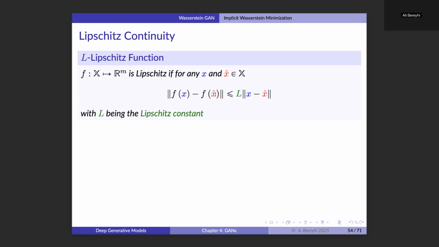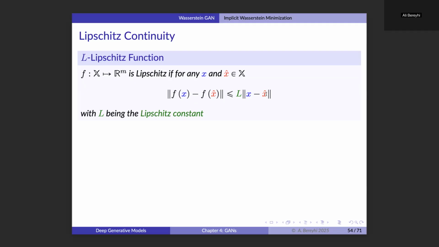So it doesn't require your function to be bounded. You give an infinite input to it, the output of the function could still be infinite. It doesn't care. The point is that when x and x hat are quite close, we want the outputs of the function to still be close. How close they are, well, we can define some constant L and put it as a bound. But we don't really care how close they are. We just don't want it to be infinite, right?